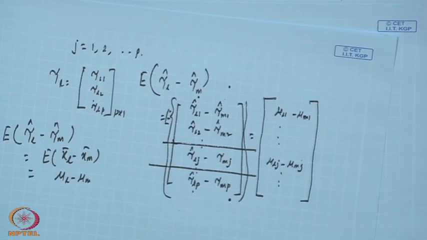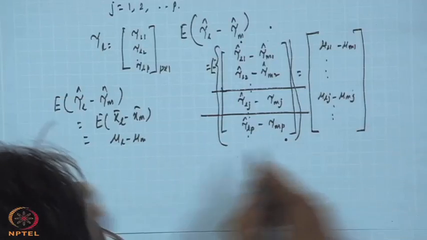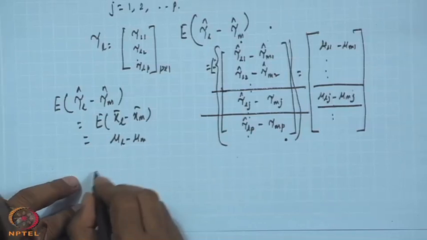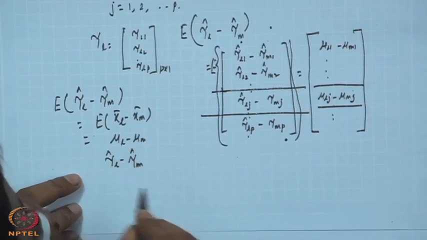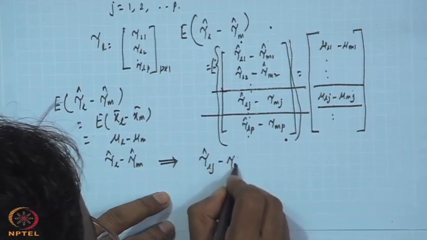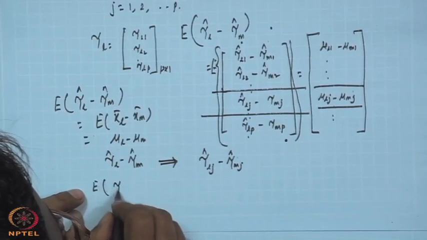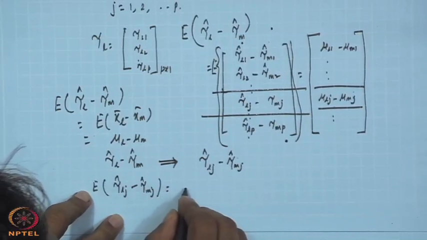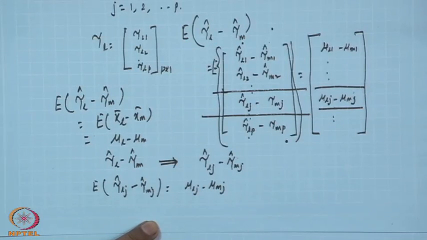Instead of the full vector, I am now interested in a single variable, tau Lj minus tau Mj. Its expected value is mu Lj minus mu Mj, which is a scalar quantity.